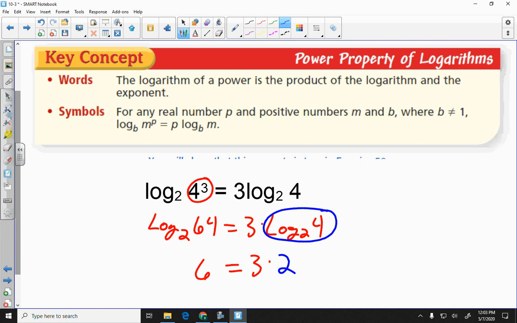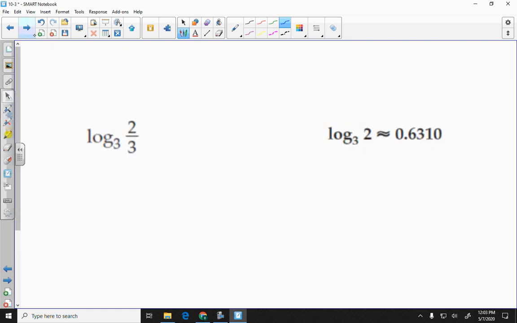And you might be thinking, well, what are some of the advantages of knowing these properties? Well, if you're going old school and you have a logarithmic table, you don't have fractions in that table. So if you're looking for a log base 3 of 2/3, how can I rewrite this?